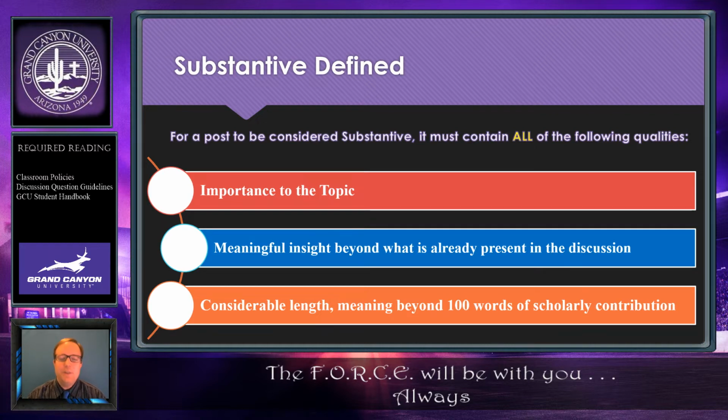And then the last one, this is the one that most students fail to pay attention to, is that it's of considerable length, meaning that the post itself, the academic content that is important and meaningful, equals more than 100 words of scholarly contribution. Now, I'm going to just say this, 100 words is not very much at all. It's 4 strong sentences. In LoudCloud, it generally looks like 5 rows of text.